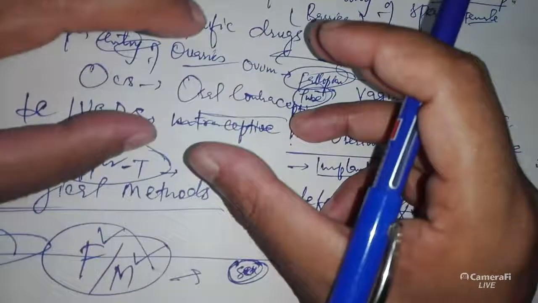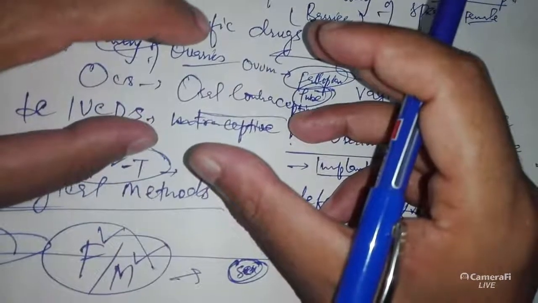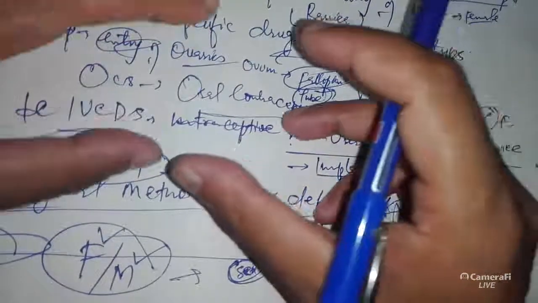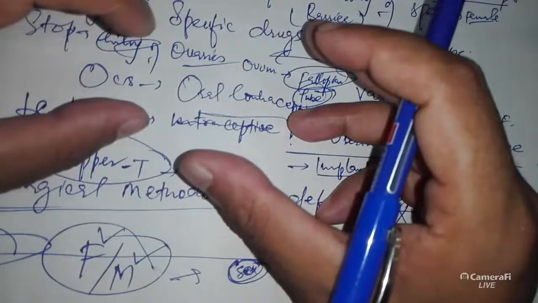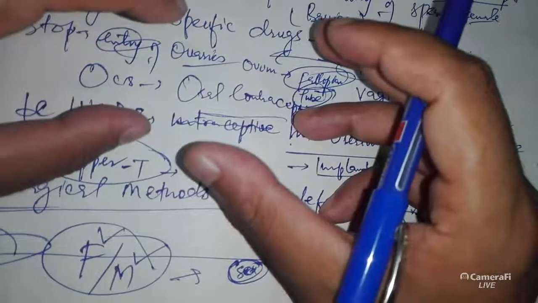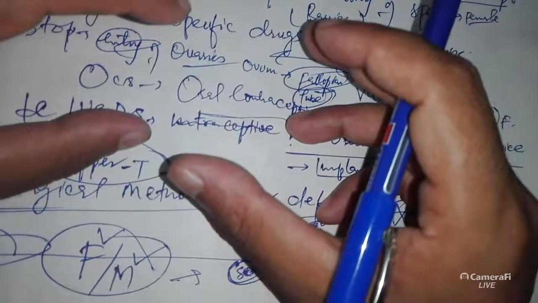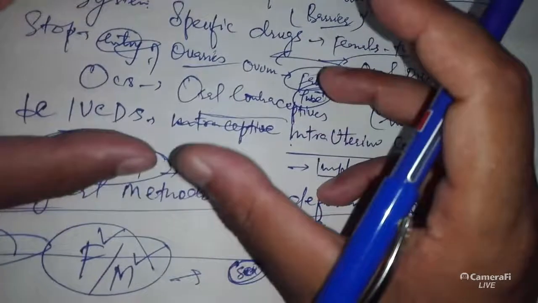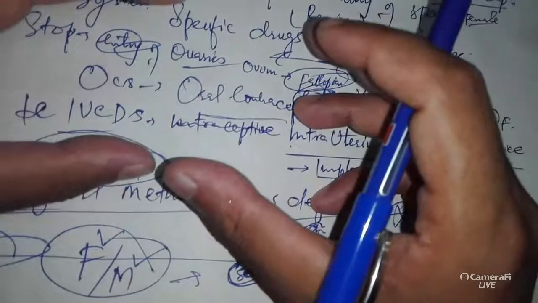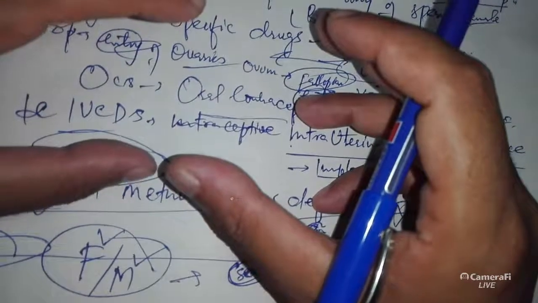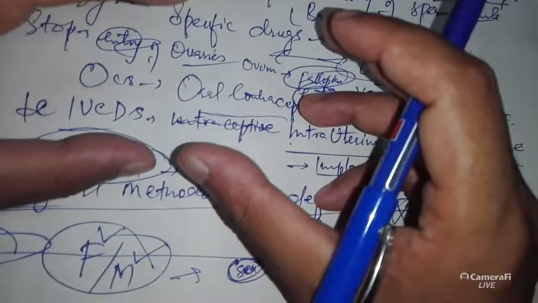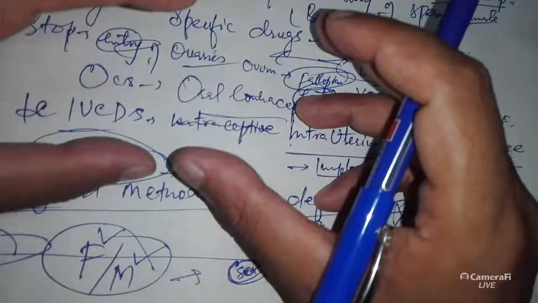Next, where does this process, the fusion of male sperm and egg, take place in the human female reproductive tract?